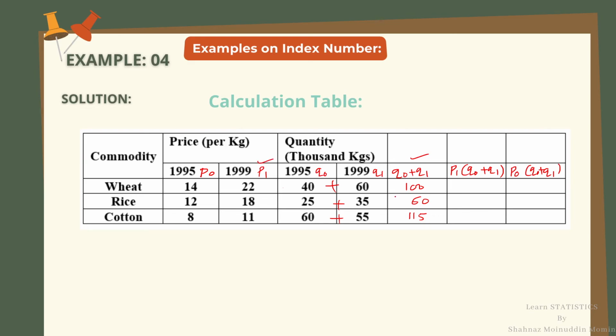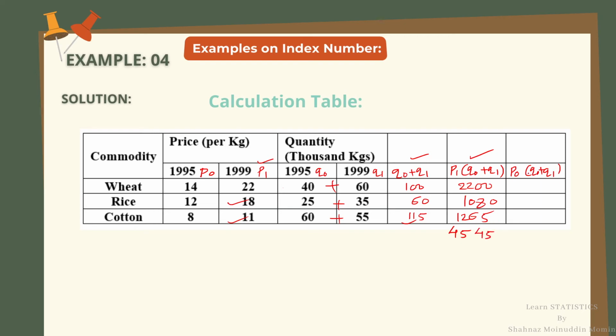Now multiply this column with P1: 100 into 22, 2200; 60 into 18, 1080; 115 into 11, 1265. The total of this column is 4545.